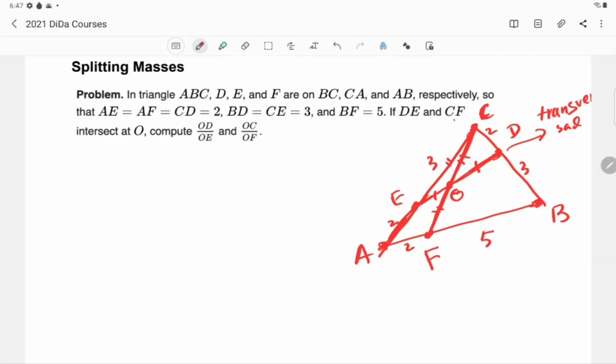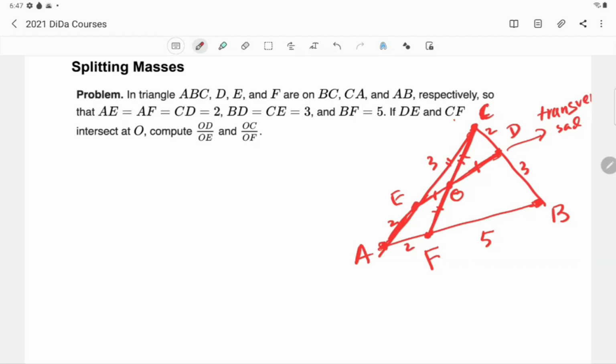In any case, it's for the beginners. It may be too much to think about, but I'm trying to give the background, the reasons behind why we need to split mass at C.